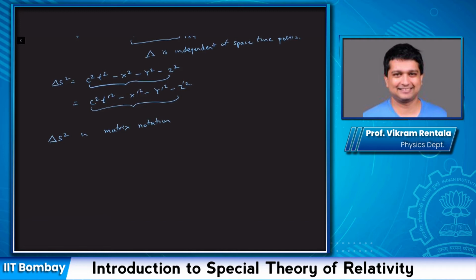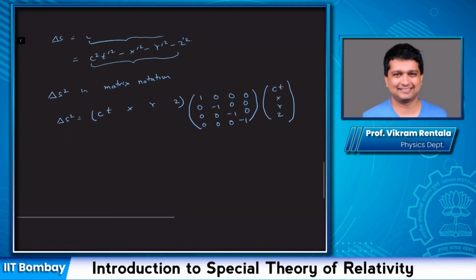It can be written as: we'll write a row vector, ct, x, y, z, then the matrix 1, minus 1, minus 1, minus 1, and zeros everywhere else, then the column vector ct, x, y, z.